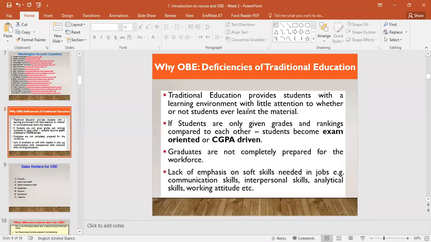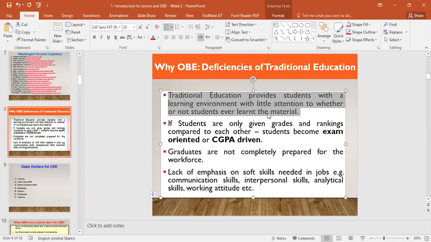As I said in the start, without OBE there is no check and balance, but with OBE there is a check and balance approach. As students study in the OBE system, there are random quizzes and random assignments.